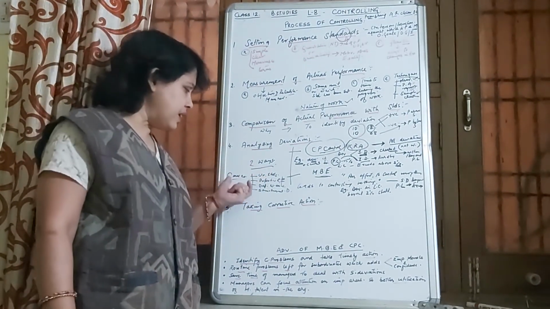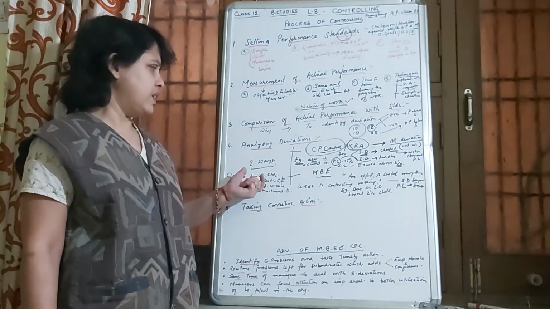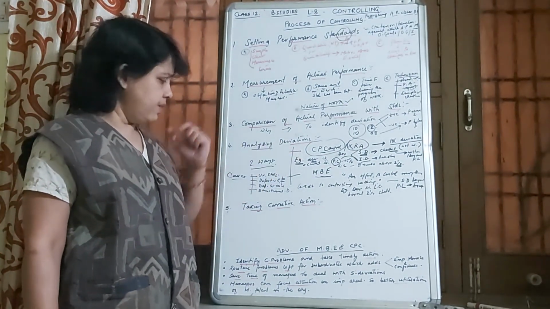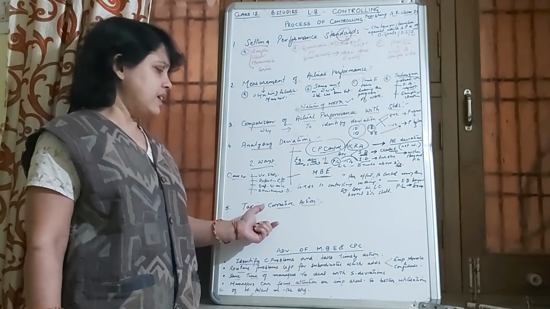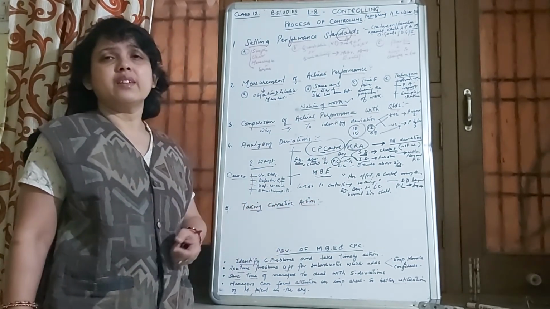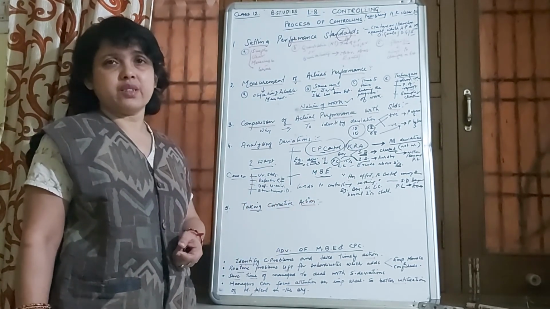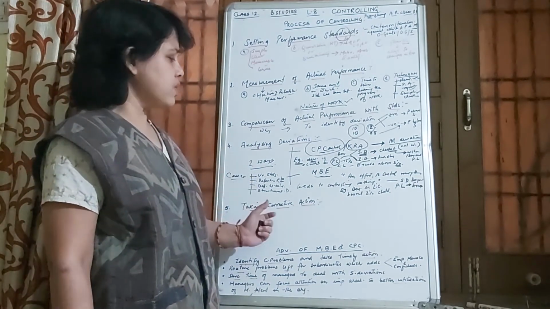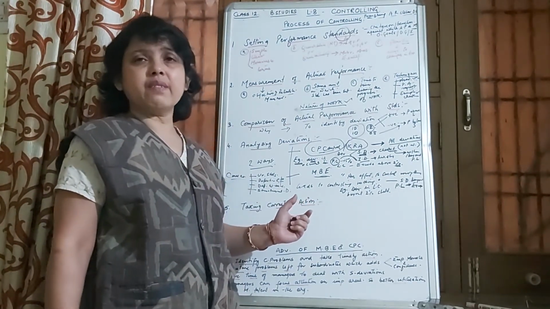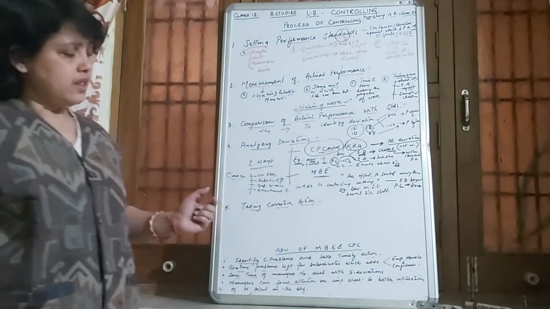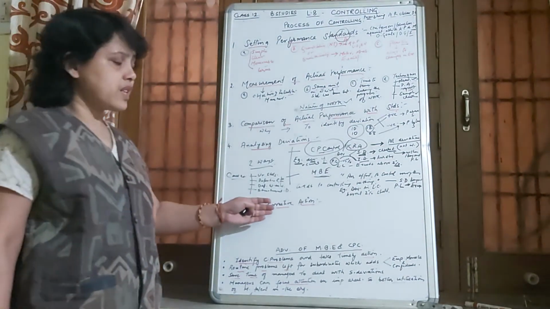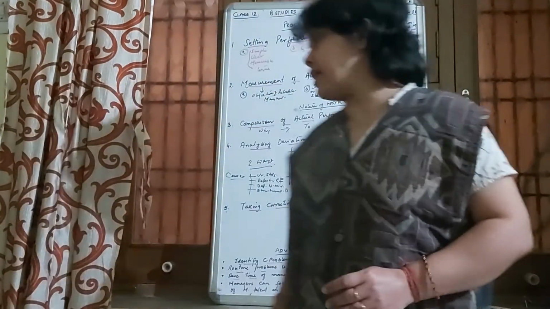And after analyzing the causes associated with deviations, there is a need to take corrective action, because unless and until the causes are analyzed, corrective action cannot be taken. So the final step is taking corrective action.